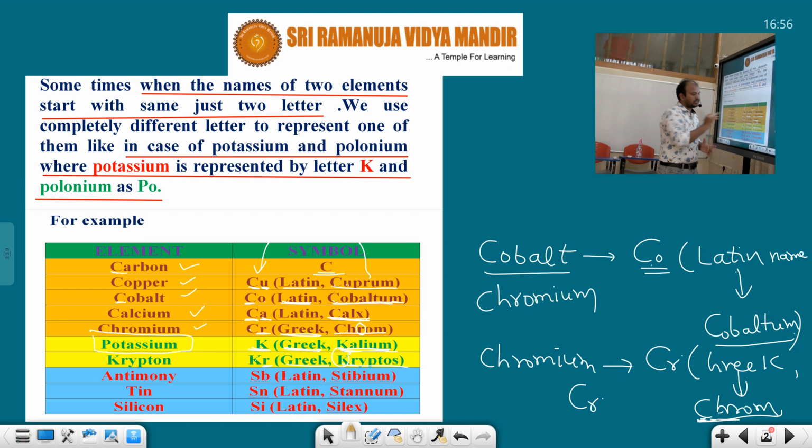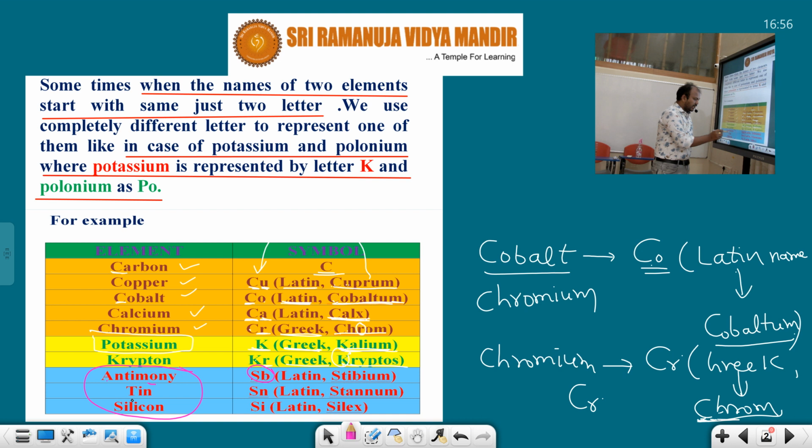And after that, you should observe these three: antimony, tin and silicon. In antimony, A will be there, N will be there, but what symbol is given? Sb. In tin, T will be there, I will be there, but the symbol given is Sn. In silicon, Si will be there.